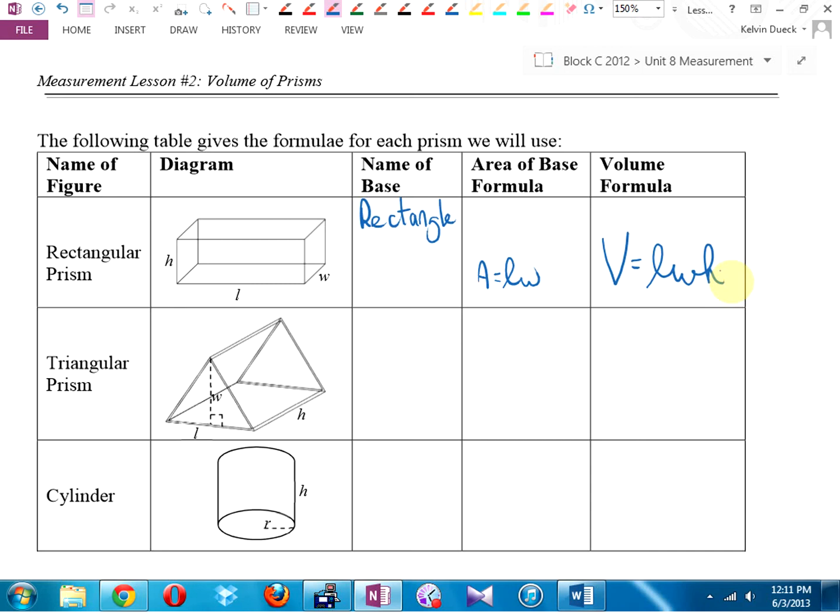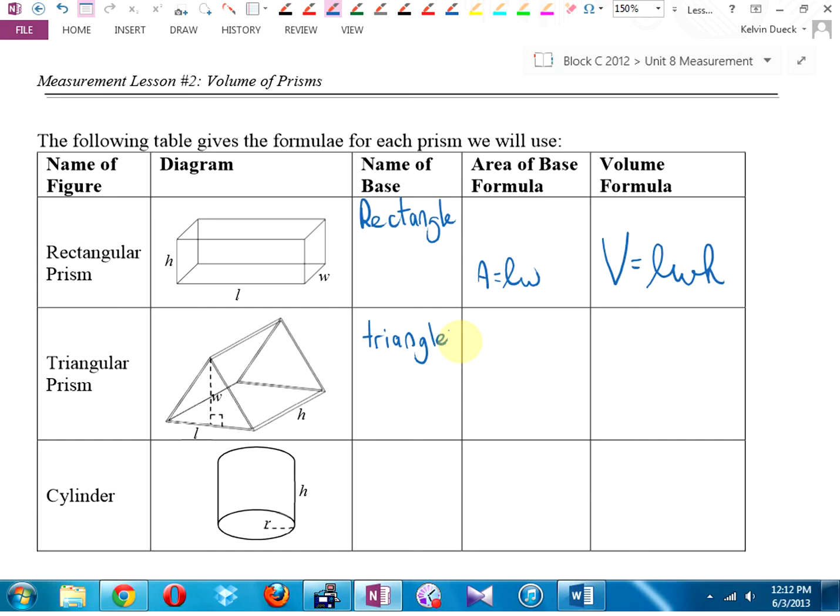What's the base of a triangular prism? Why, that is going to be triangle. What's the area of a triangle? Anyone? It's on your sheet. Find it. Base times height divided by 2.